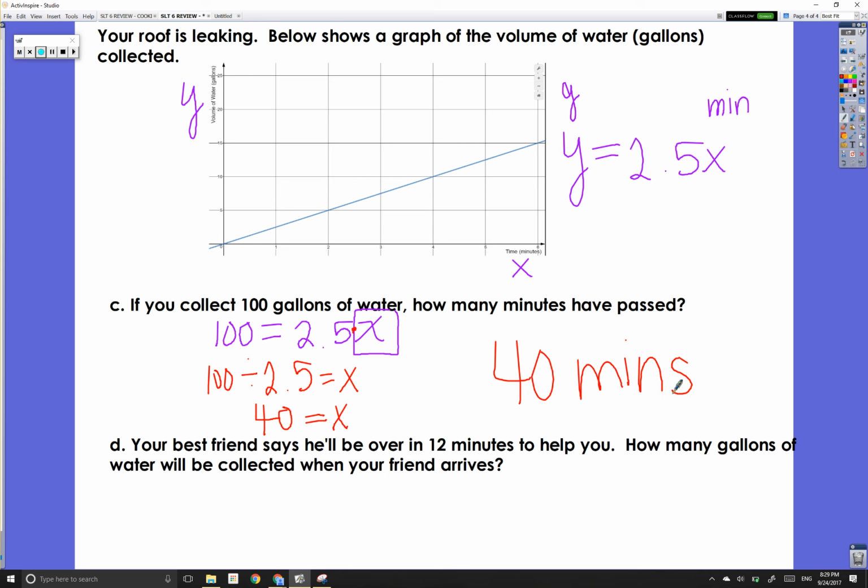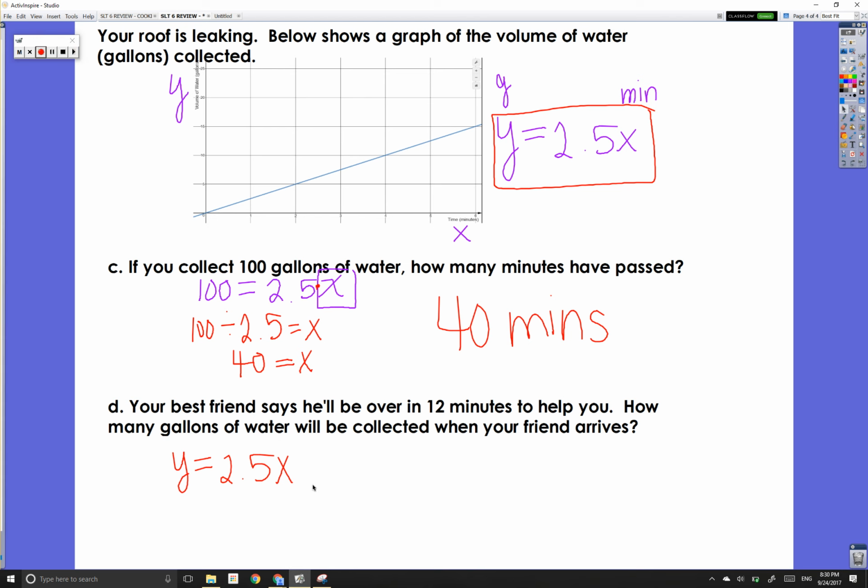Okay, so your best friend says he'll be over in 12 minutes to help you. So you always want to go back and start with the equation if they're asking to predict. So we're trying to predict after 12 minutes how much water will be collected. So we'll start with y is equal to 2.5 times x. And then we're going to place the value. Given 2.5 times x, remember y was our gallons, x's are our minutes, and this says 12 minutes.